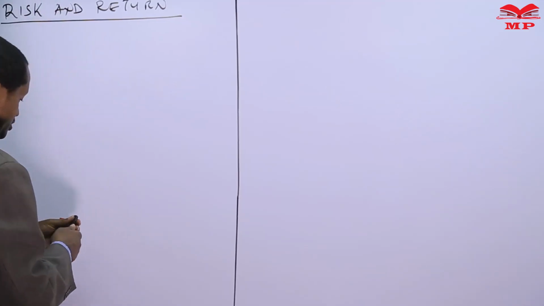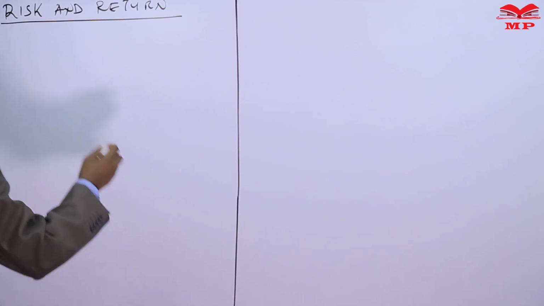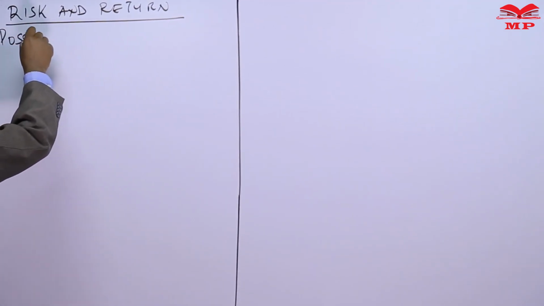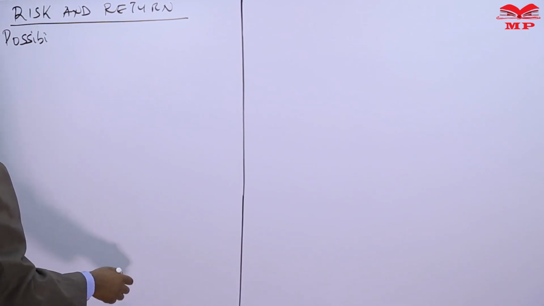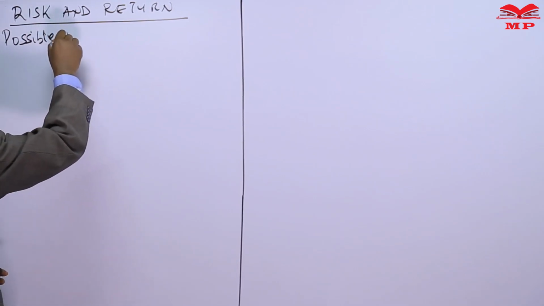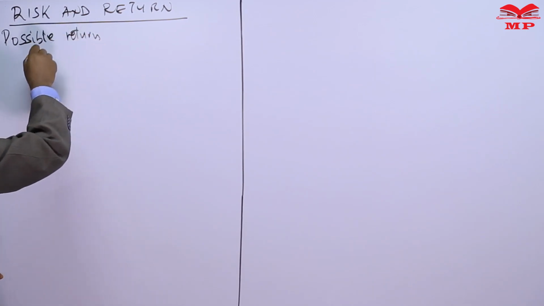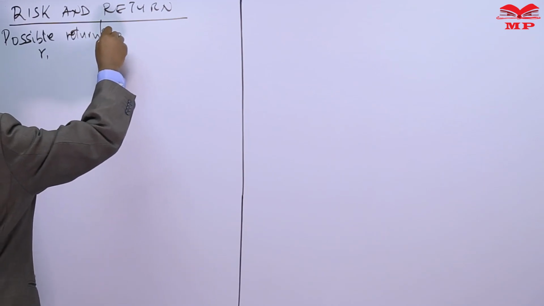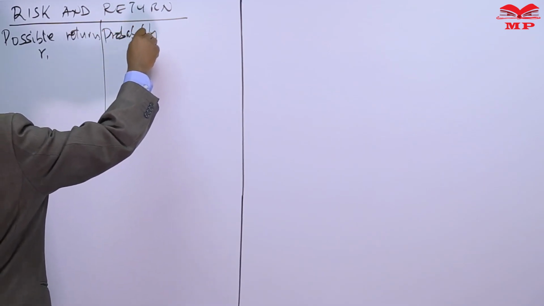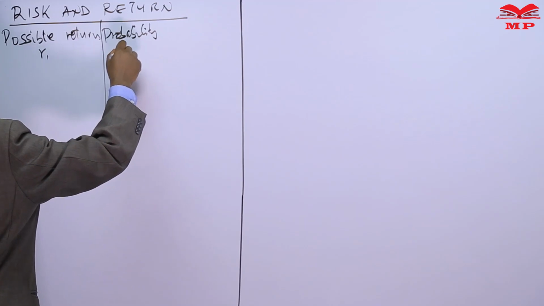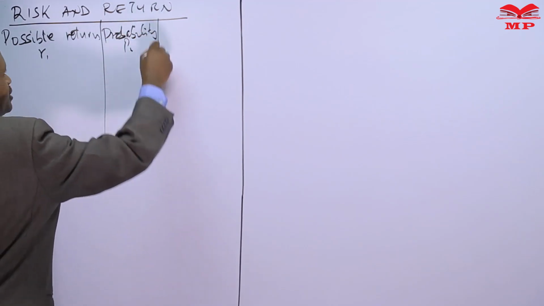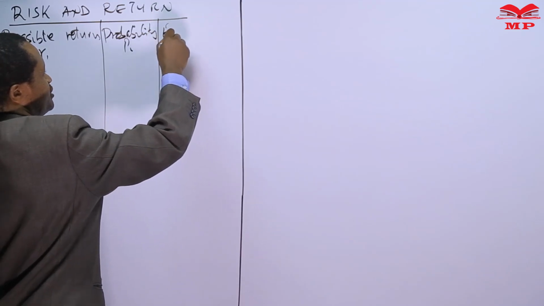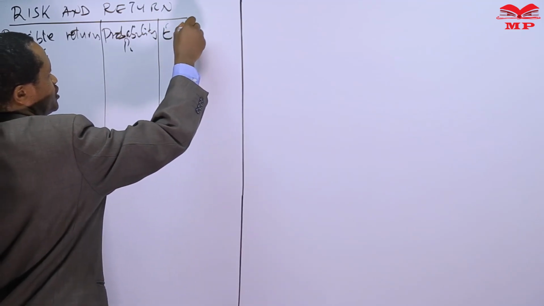So we had an illustration where we estimated the possible return R. We also had the probability Pi, and the expected return, which we saw was equal to the summation.